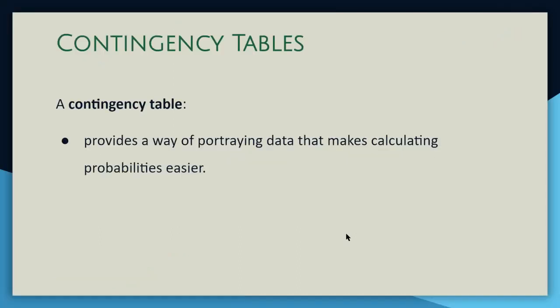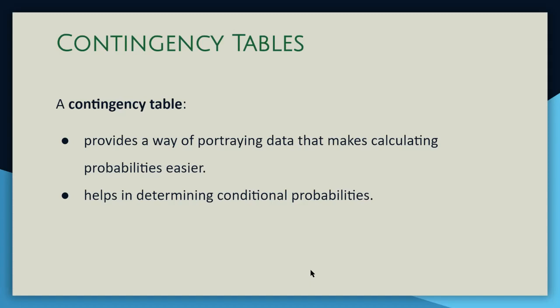Contingency tables provide a way of portraying data that makes calculating probabilities easier. This is a way of organizing data so that it is easier to interpret. We actually already used one in a previous example.